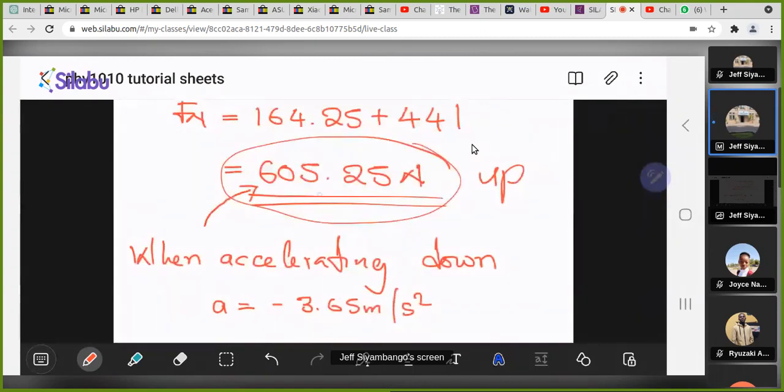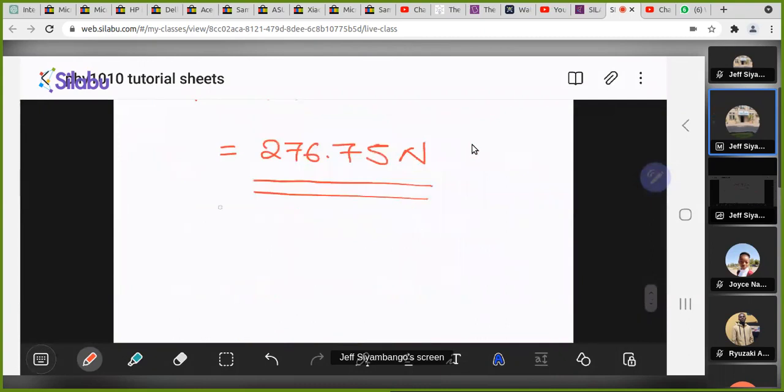It was 605 newtons. And when the elevator was accelerating down, the reading on the scale was something smaller, 276, which agrees with the feeling that you have on an elevator to feel lighter when it is accelerating down and to feel a bit heavier when it is accelerating up.